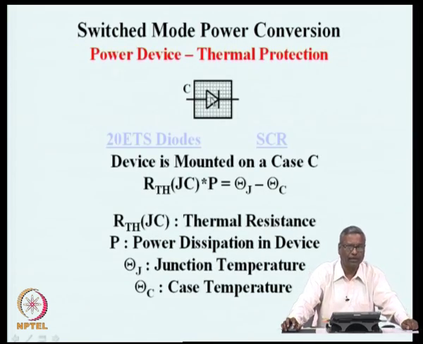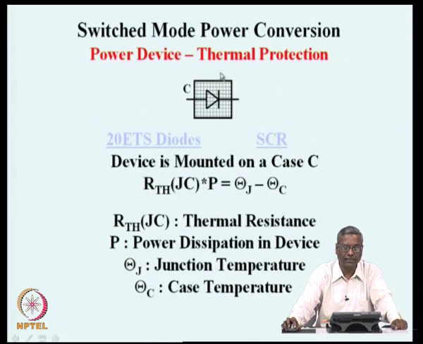Now, there is another important characteristic which one has to take care of. What we had seen is that these devices ideally should not dissipate any power, but we had seen that the diode was dissipating about 22 watts, 1.1 volts at 20 amperes, or the thyristor was dissipating about 54 watts, which was about, I think, 1.7 volts or so at about 30 amperes current.